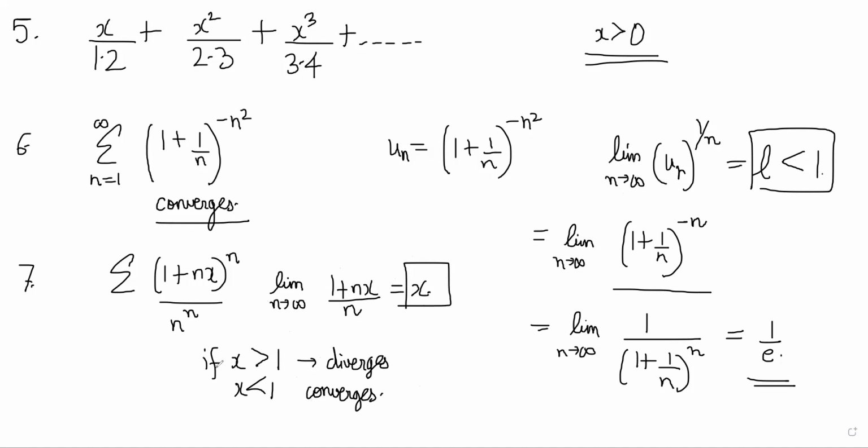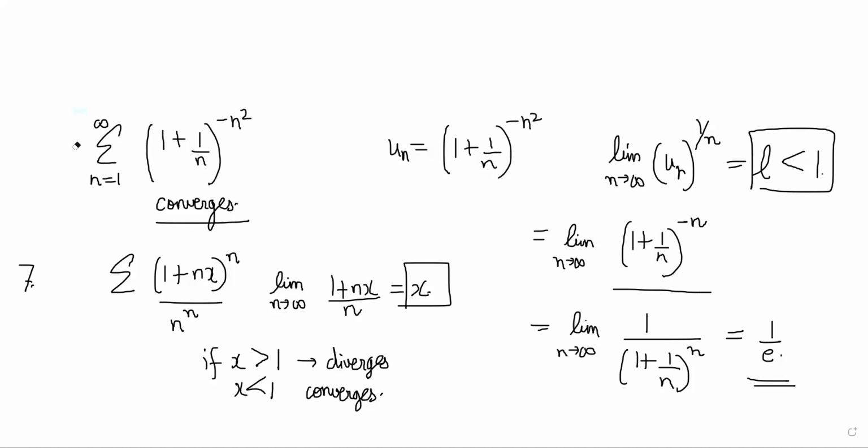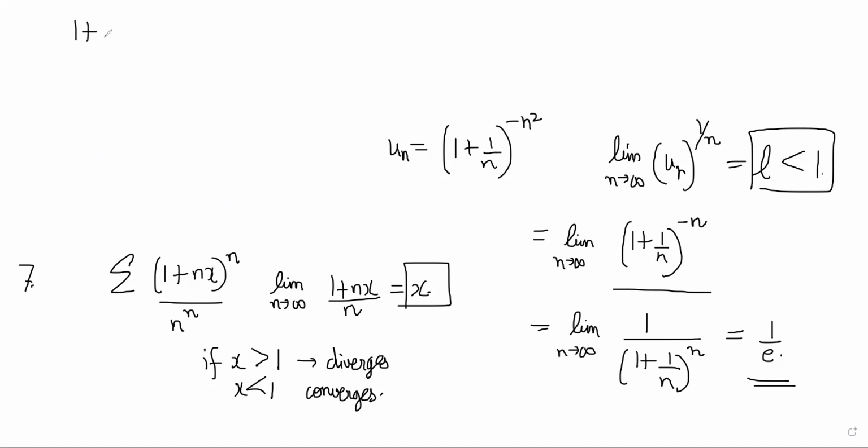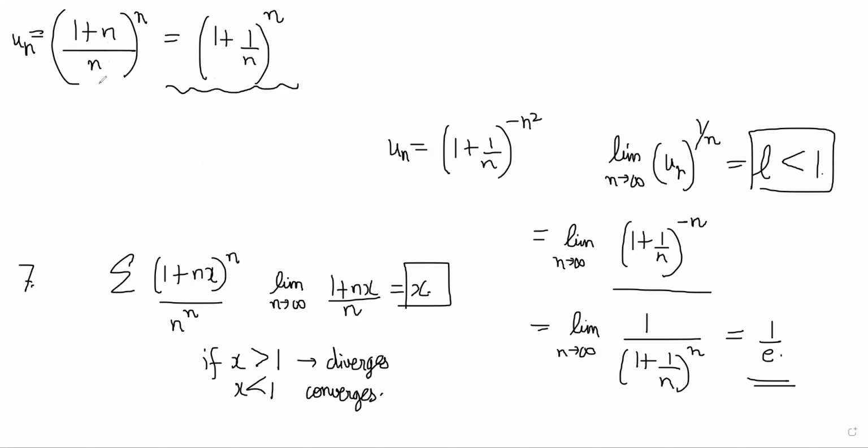Check x equal to 1. The series becomes 1 plus n by n whole power n, that is, 1 plus 1 by n to the power n is my un.